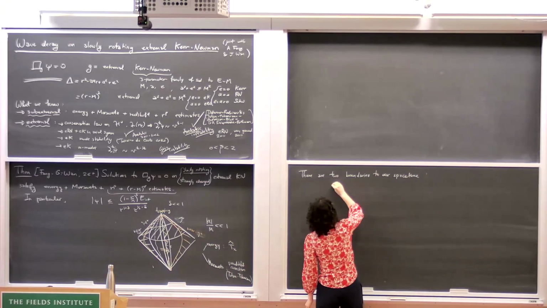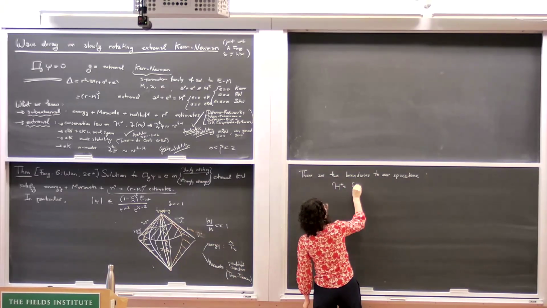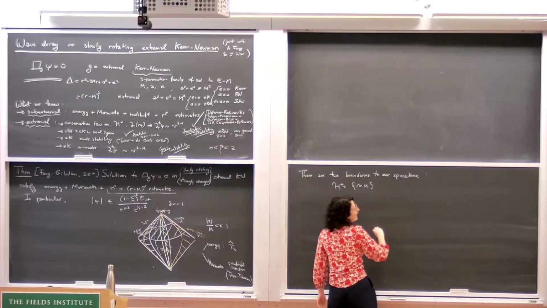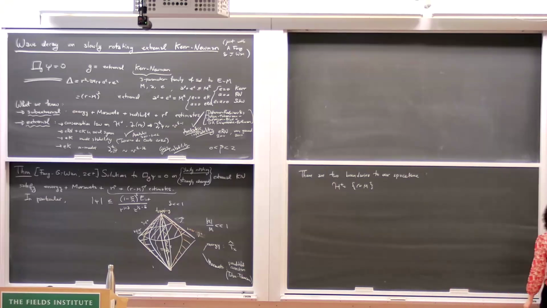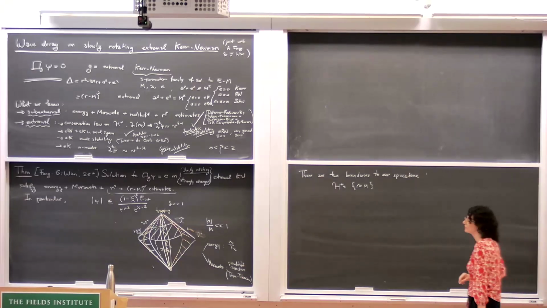The first one is the event horizon, r equal M, and the second one is r equal infinity.